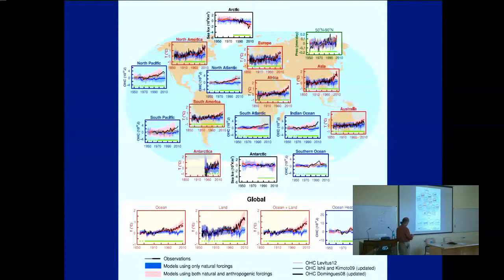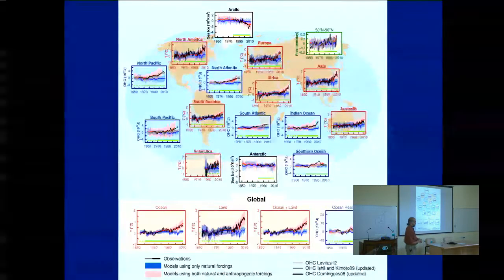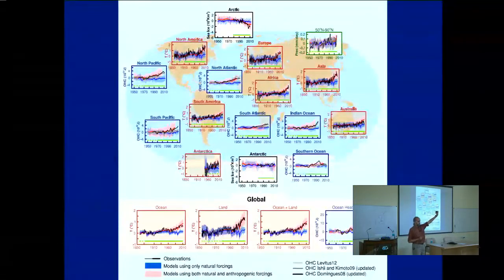But if you were to look at things, here is surface temperature over North America, Europe, Africa, Asia, South America, Australia. In all of these places you've seen this kind of curve before, where the natural only run does not explain the observation, but you need natural and anthropogenic.